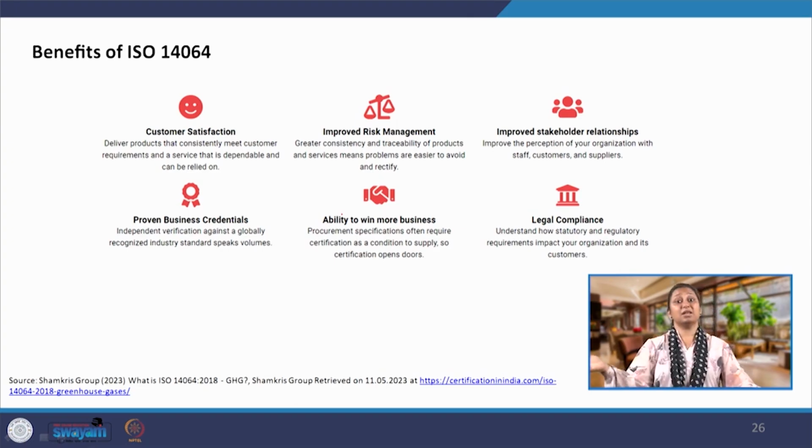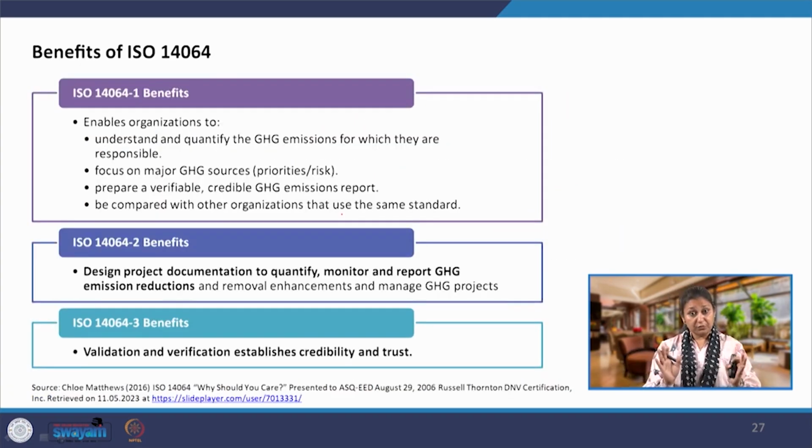Then we also have legal compliance, because there are these standards in place. One company claiming that it has reduced emissions more will actually be legally compliant if the standards and frameworks are followed, and of course, we will have greater customer satisfaction. Overall, how does it help organizations?